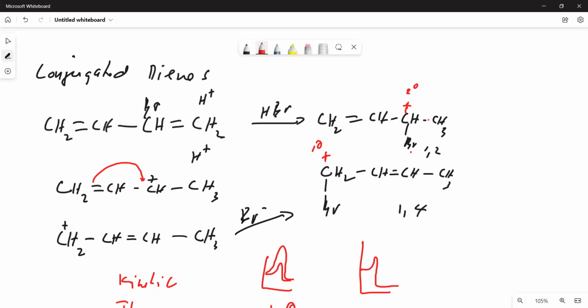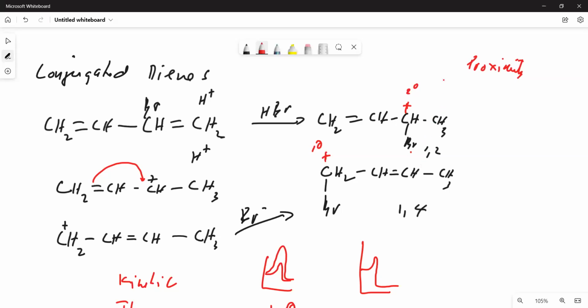But there is another factor why the 1,2 is the kinetically controlled product, not only because of the carbonium ion, but also because of the proximity effect. Take note that kinetics would be how fast the electrophile will attack the double bond.